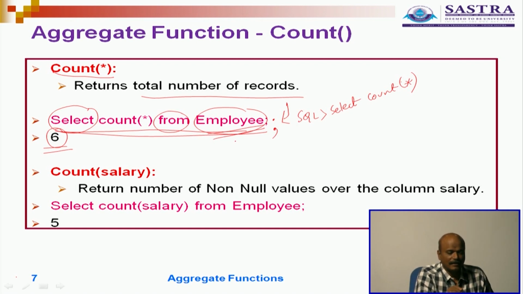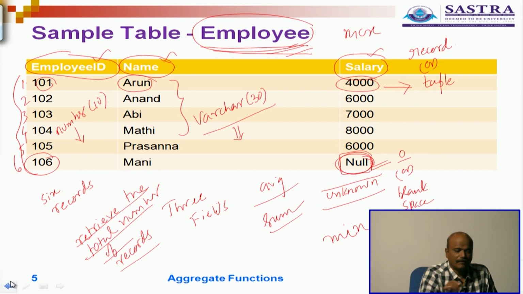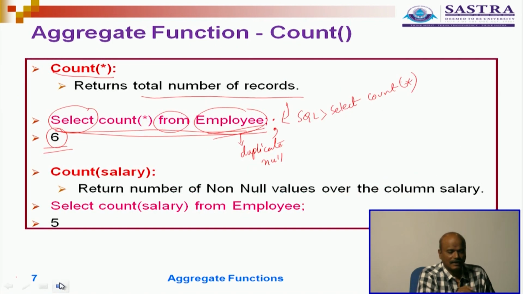What you need to notice is that it includes duplicate as well as null values. If you check here, for the last one you have a null value, and in the salary field 6,000 is repeated twice. So count of star includes both duplicate as well as null values.